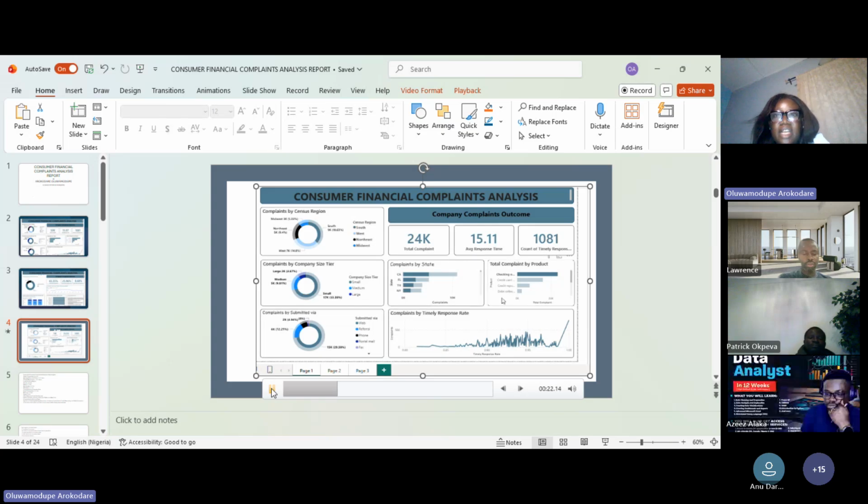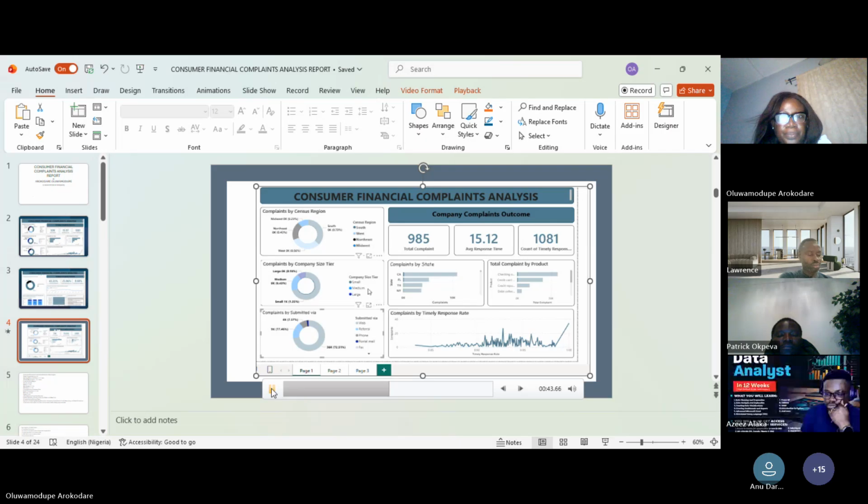This dashboard just shows us that if you pick one region or state or any form of complaint or a particular time of complaint or the response time, it will give you full details of what is actually happening, or how the complaints were closed, how the customers were compensated, and the rest of it.